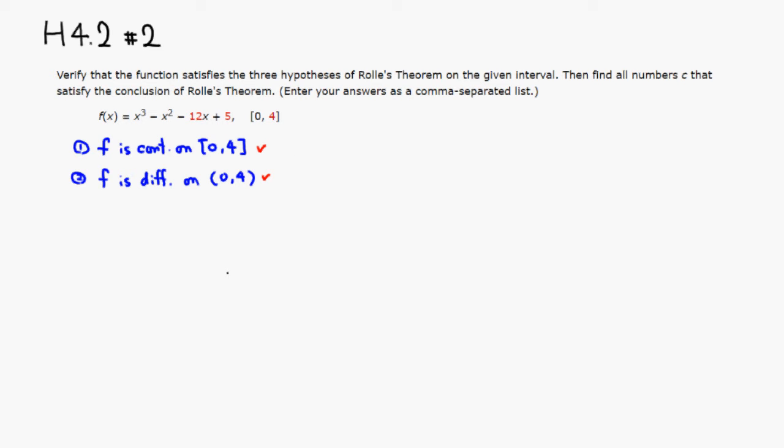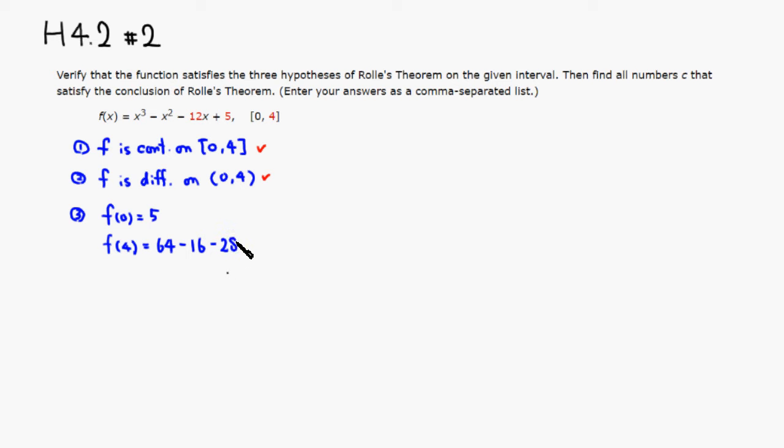Third condition, we just need to compute f of 0. Putting 0 in here, 0 here, 0 here, it's going to be 5. Then we compare with f of 4. So you have 4 cubed, 16 times 4, 64, and minus 4 squared, which is 16, minus 4 times 12, which is 48. Sorry, I meant 48.